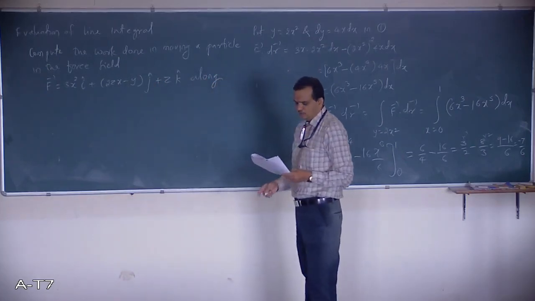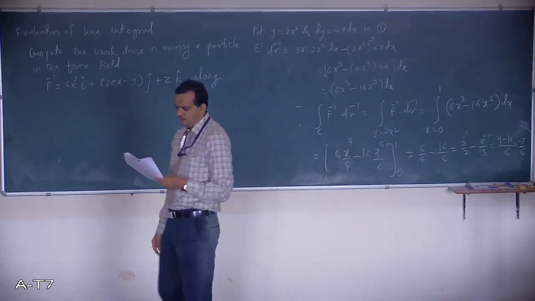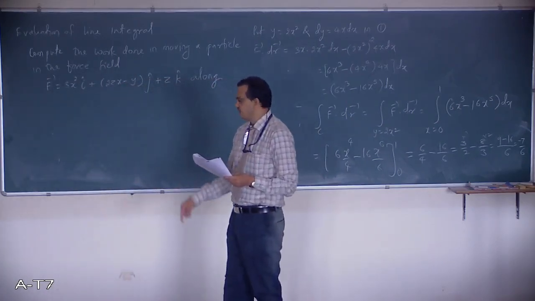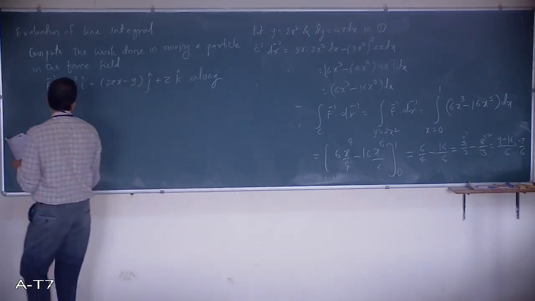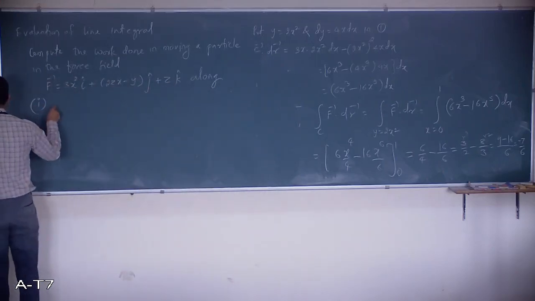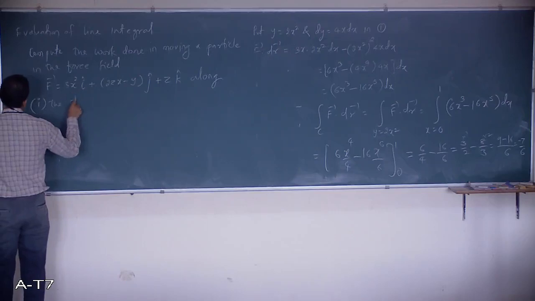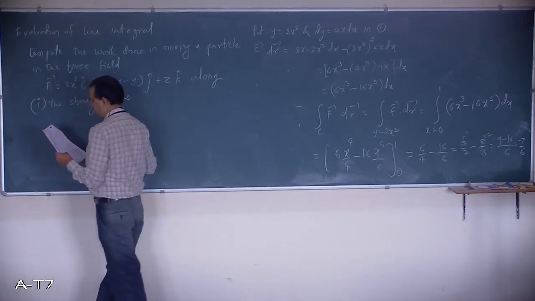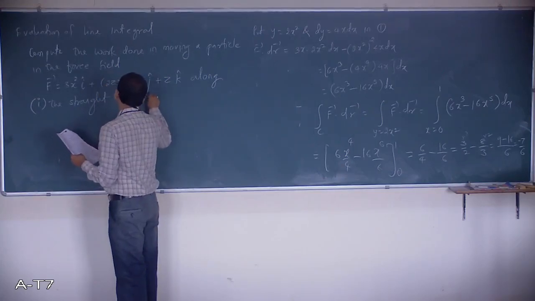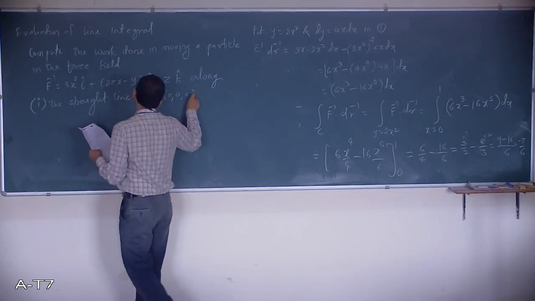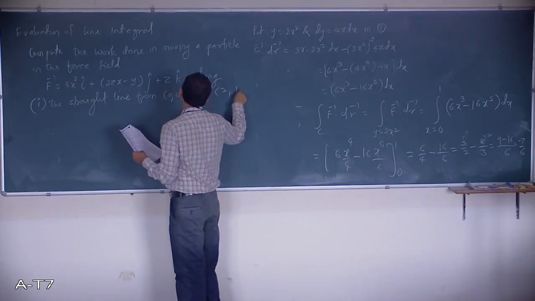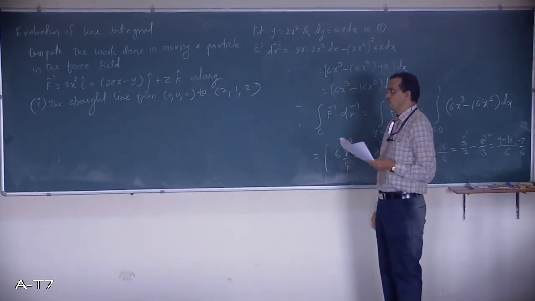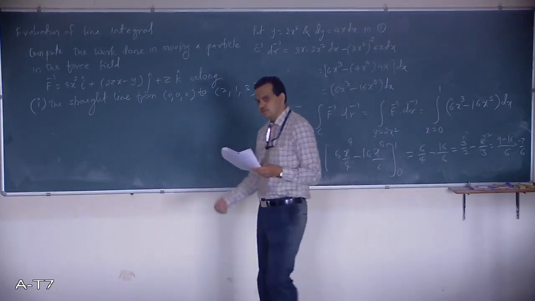Now they are given two possible cases. First, they have mentioned that it's a straight line from some point to some point. So I will write the first case. Along first, we have to find straight line, along the straight line 0, 0, 0 to 2, 1, 3. So first part is finding that integral along a straight line. So they are given two curves in this case.